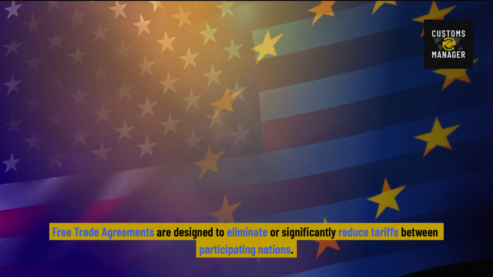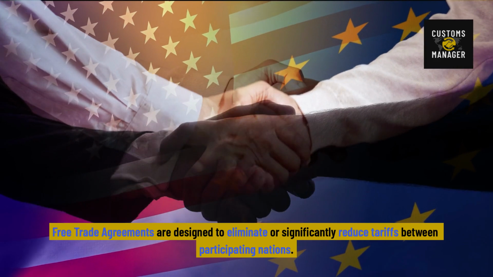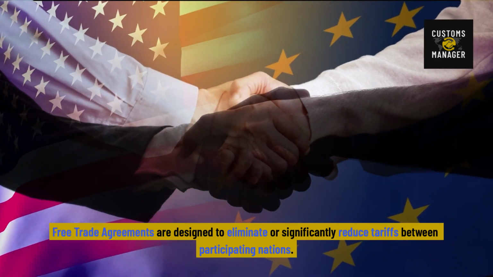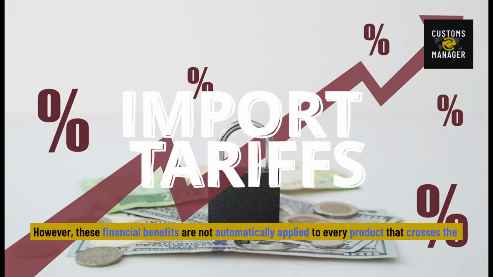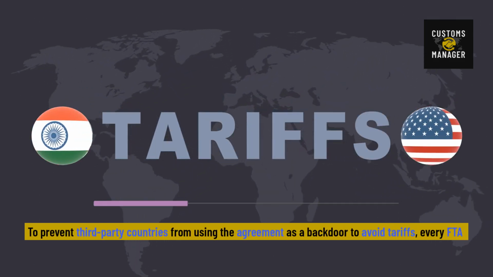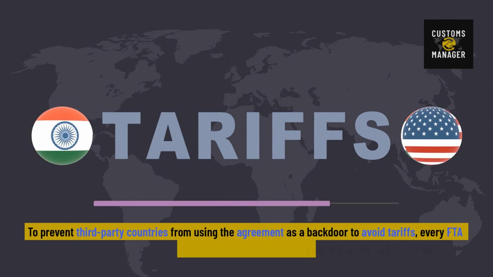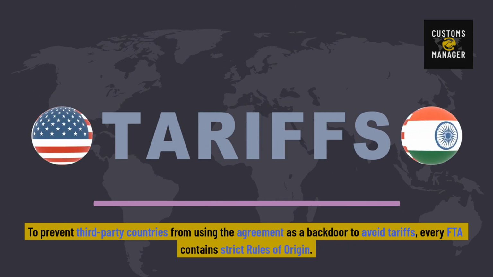Free trade agreements are designed to eliminate or significantly reduce tariffs between participating nations. However, these financial benefits are not automatically applied to every product that crosses the border. To prevent third-party countries from using the agreement as a backdoor to avoid tariffs, every FTA contains strict rules of origin.